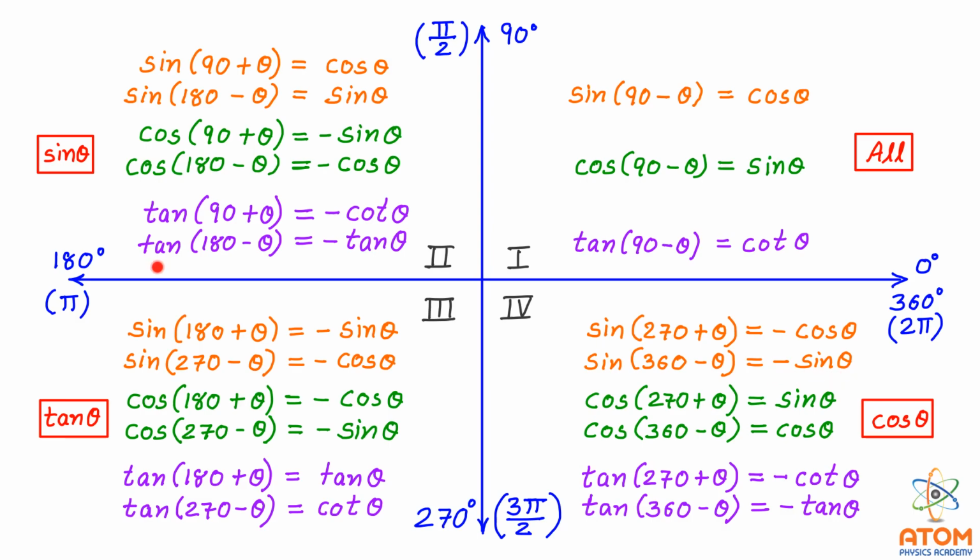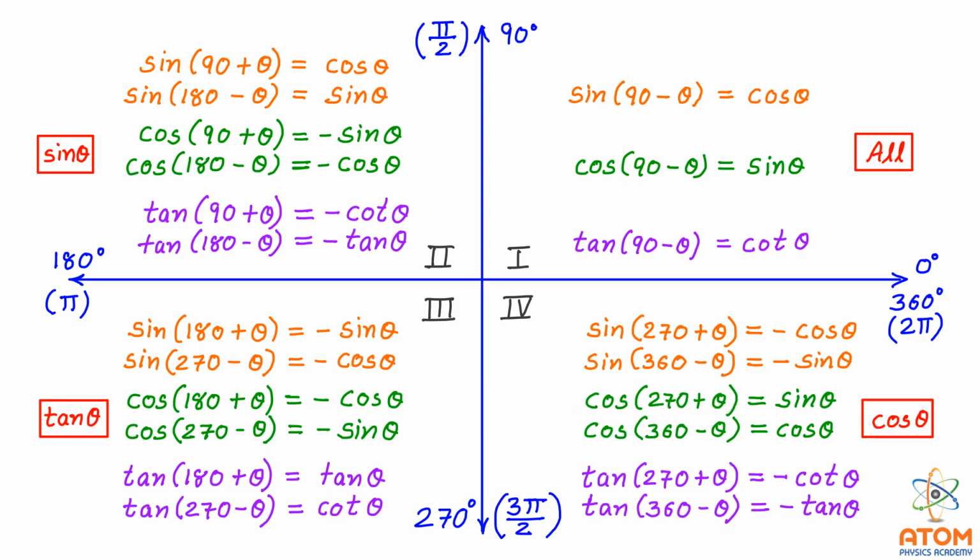Again, let us see this. tan(180 minus theta). Now when we say 180 minus theta, obviously it is the second quadrant where tan will be negative. That's why the answer will start from negative, and it is 180, so tan will remain tan only, so it is minus tan theta.